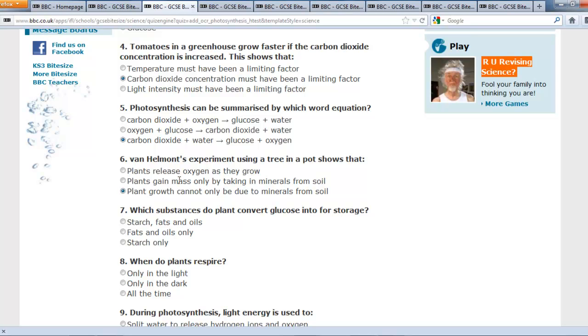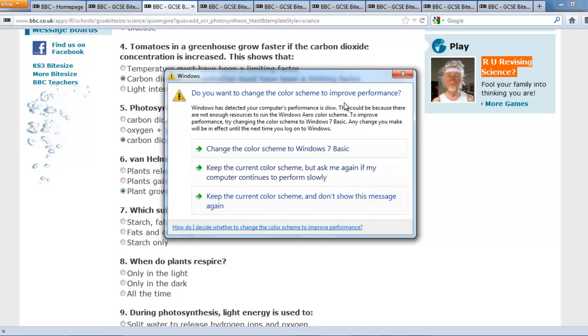Van Helmont actually did an experiment on a willow tree in a pot, and he showed that the mass that the plant gained wasn't only from the minerals in the soil, but from a gas in the air. He wasn't able to pinpoint what gas this was, as later scientists have pinpointed that it was actually carbon dioxide, which was used in photosynthesis.